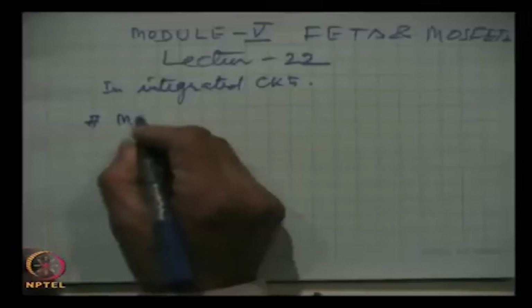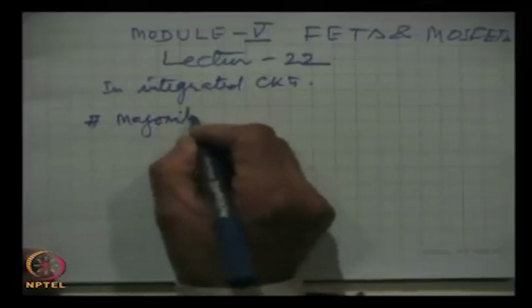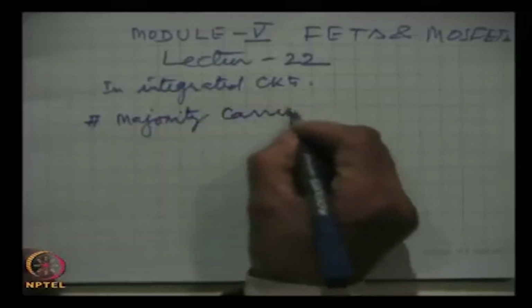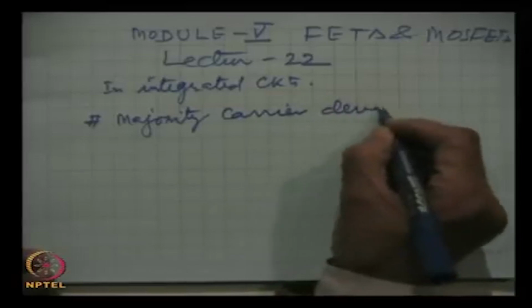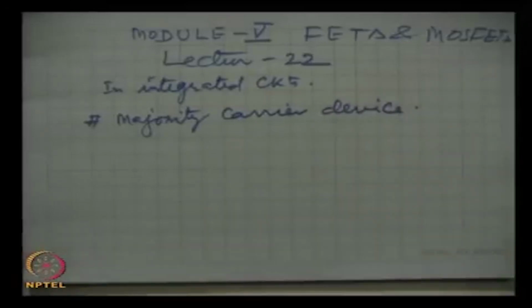is a majority carrier device. And you know that in the bipolar transistor, the main function on which the total operation depends is when the carriers are injected from the emitter to the base.